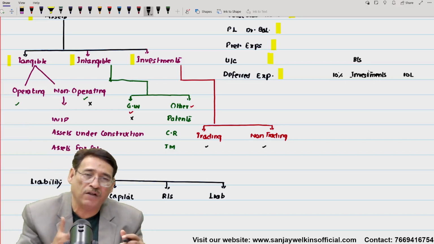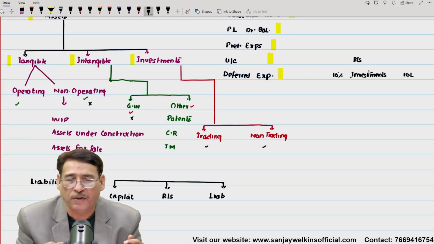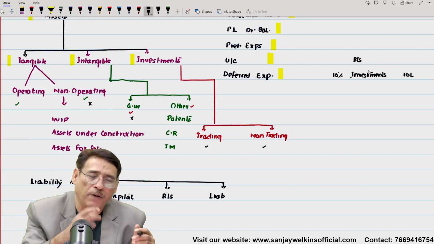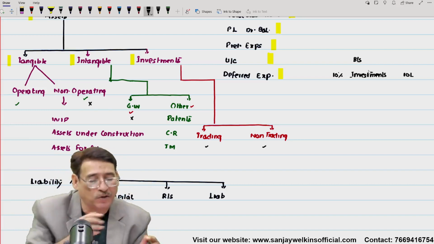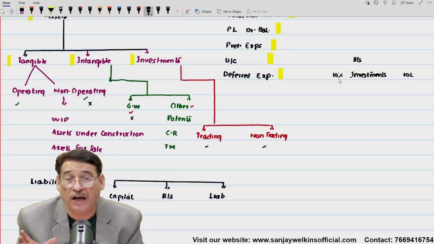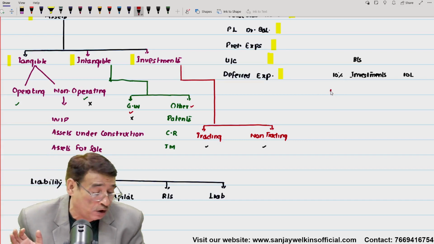Investment means we have invested in the other entity's financial instruments like shares, bonds, debentures. So these investments mean our funds are being utilized by other enterprises. So quite obviously, these investments will be regarded as non-trading investments, NTI.